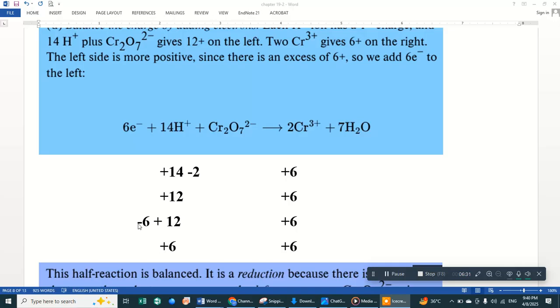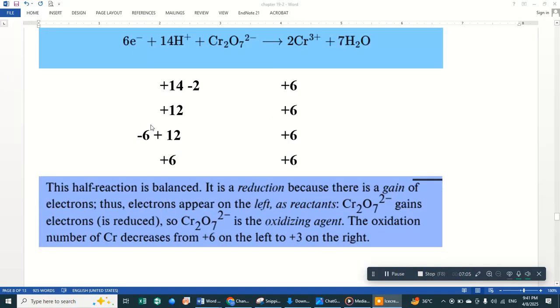We put -6 on the reactant side: +12 and -6 gives +6. So the charge on the reactant side is +6 and on the product side is +6. The digit which we have placed on the reactant side represents the electrons. We put 6 electrons on the reactant side.